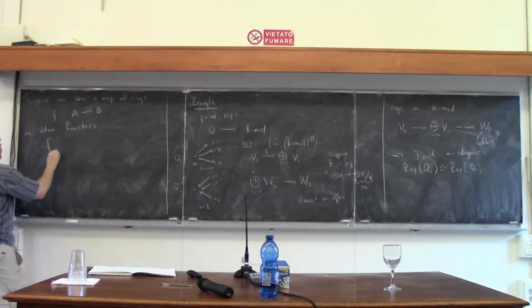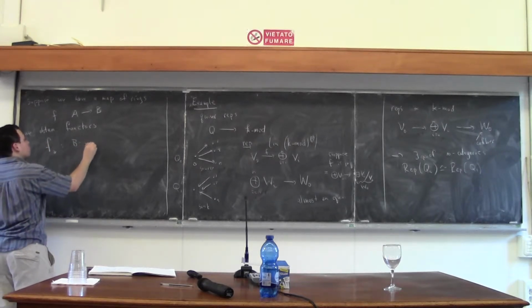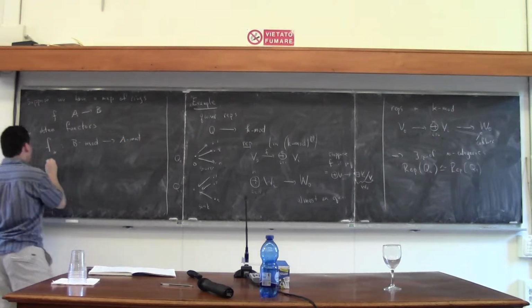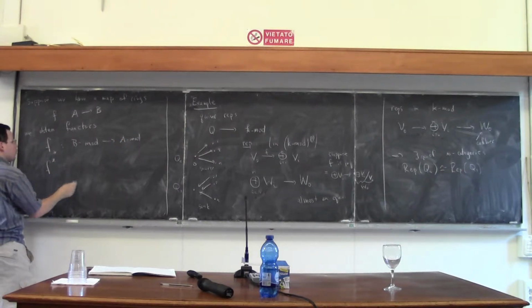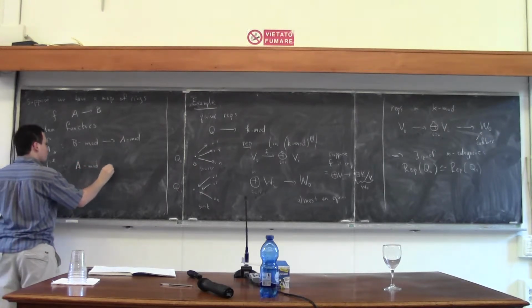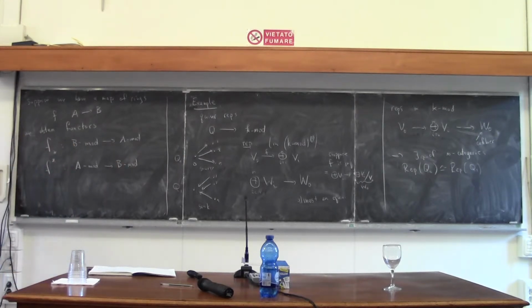We have F lower star from B-mod to A-mod, and F upper star from A-mod to B-mod. So this one is kind of tautological.